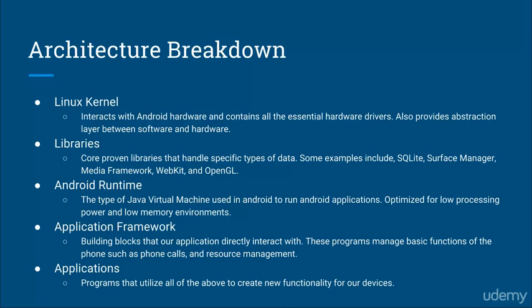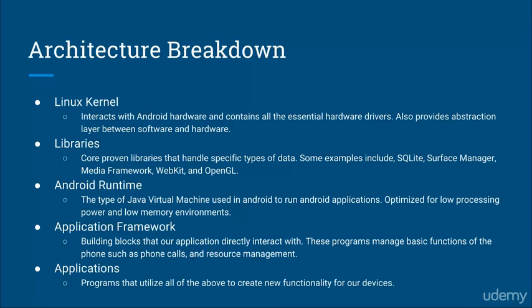So, for example, SQLite is a library that allows us to manage or interact with databases very efficiently, right? Our WebKit that I mentioned allows us to render web pages in an efficient manner and all that kind of good stuff. OpenGL is used to render 2D and 3D graphics. Great, so let's move on.